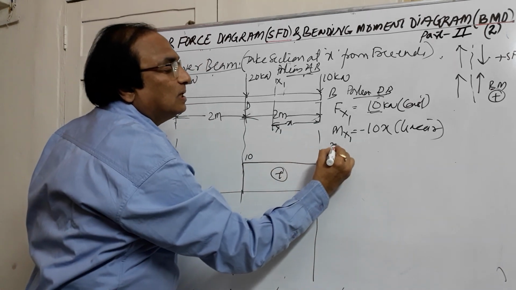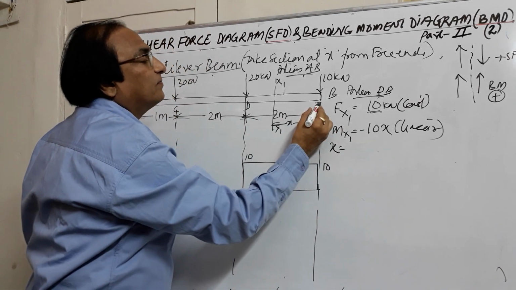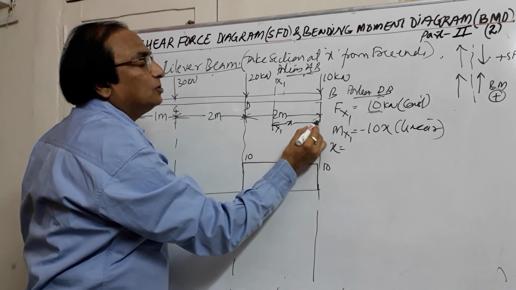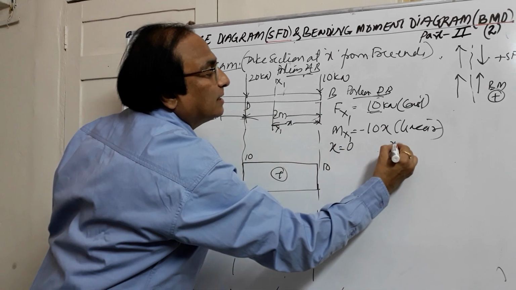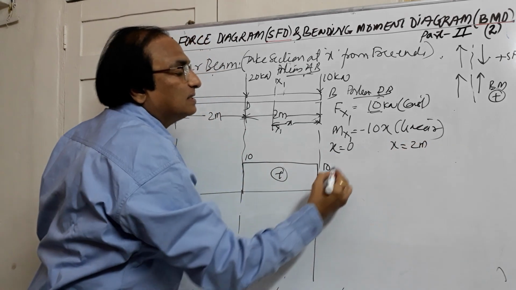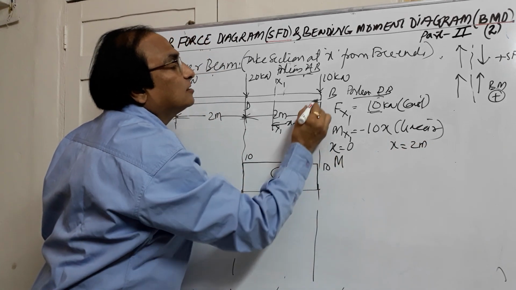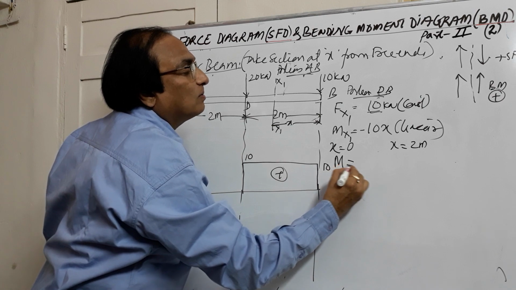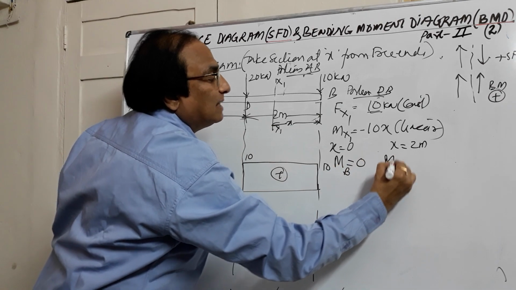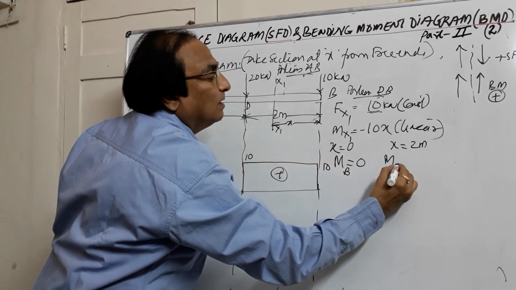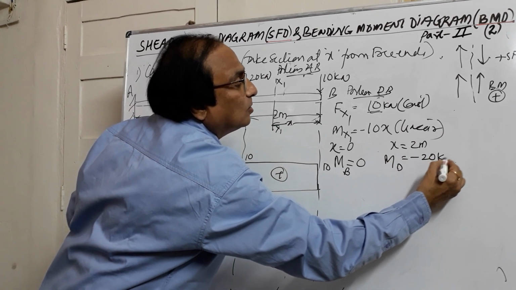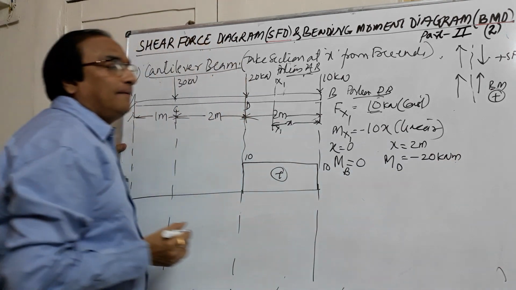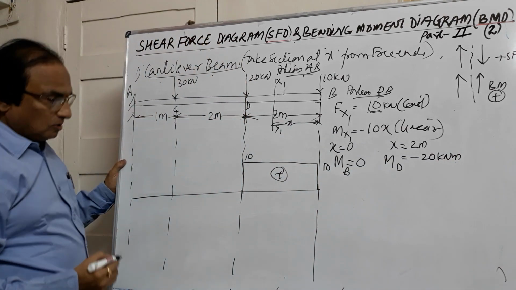So we will substitute the limits of x. X we are measuring from B to D, so x will be 0 to x will be equal to 2 meters. These are our limits. So moment at x is equal to 0 means B will be equal to 0, and moment at D where x is equal to 2 meters, we get minus 20 kilonewton meter.